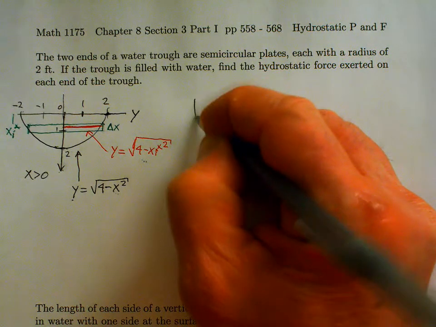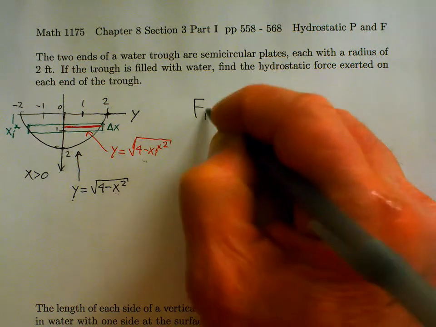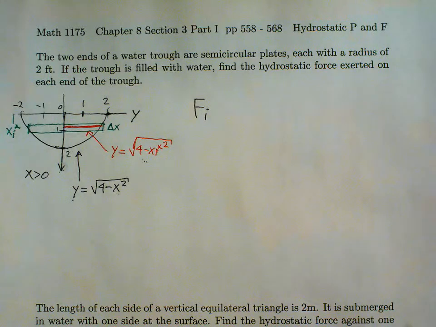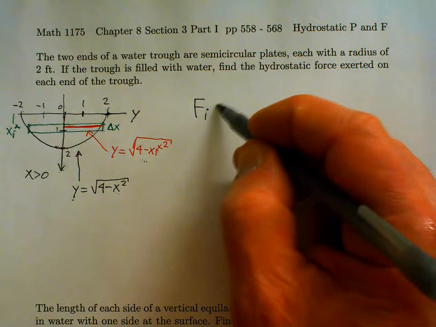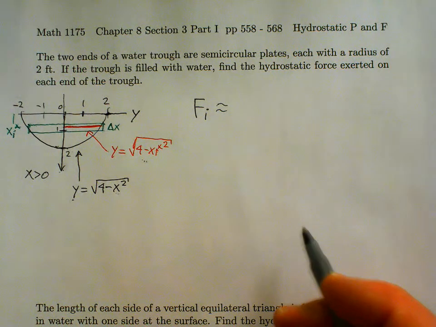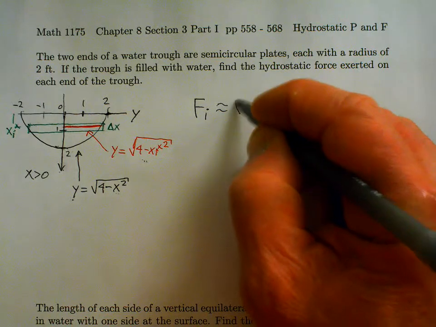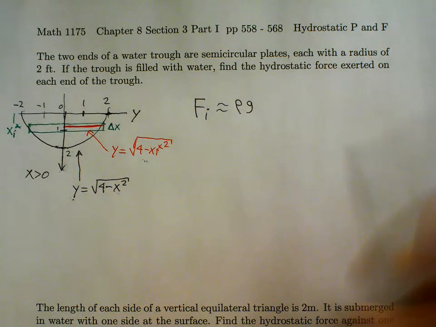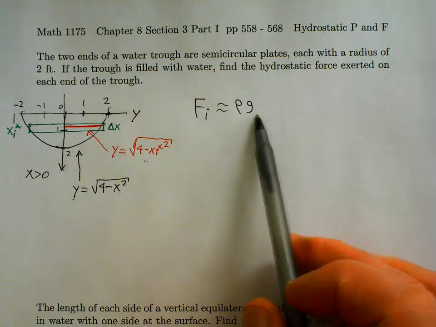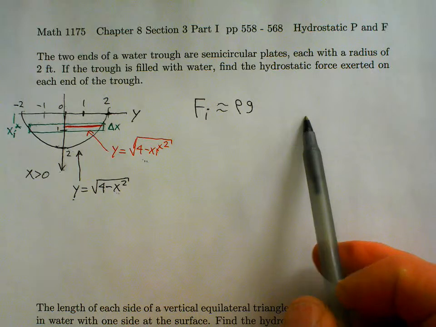So our hydrostatic force on the ith rectangle is approximately equal to rho times g times the area times the depth.